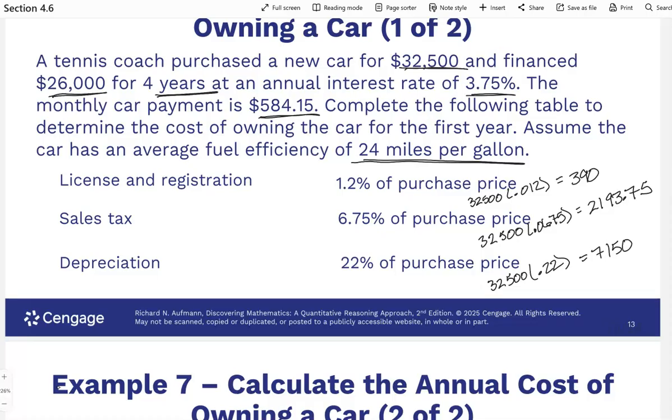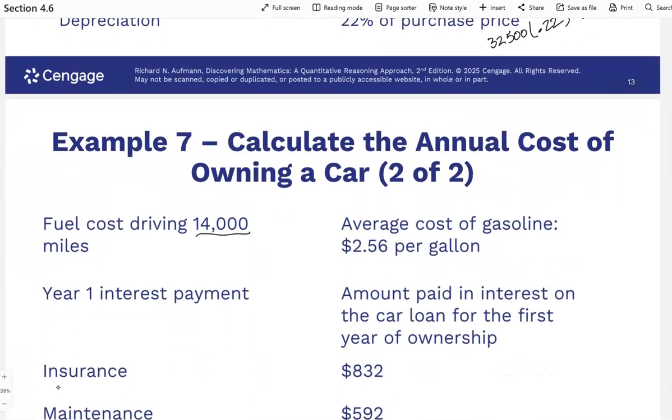Let's go back up here. It says that the fuel efficiency is 24 miles per gallon, and they're going to go 14,000 miles. So I'm going to take that 14,000 miles and divide by 24 miles per gallon, and that's going to tell me how many gallons I need. So I got 583.333 repeating gallons needed.